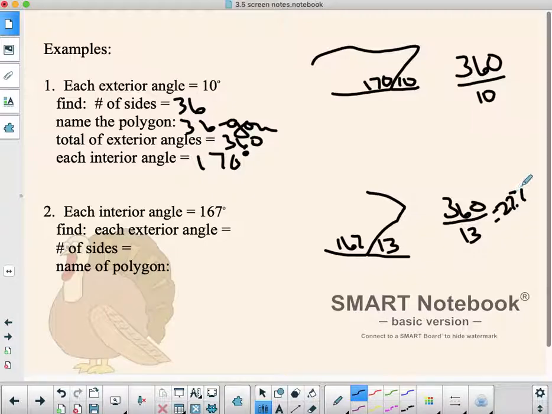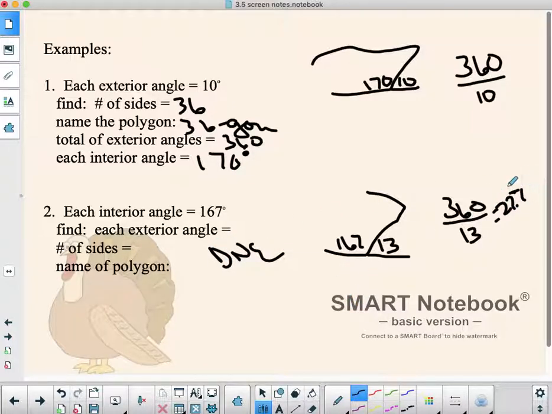27.7. Well, when you look at a polygon, if it's a regular polygon, it can't have 0.7 of a side. So if this is what happens, if you take 360 divided by your exterior angles and you get a decimal, you can't have 27.7 sides of a regular polygon. So if you get a decimal here, then this polygon does not exist.